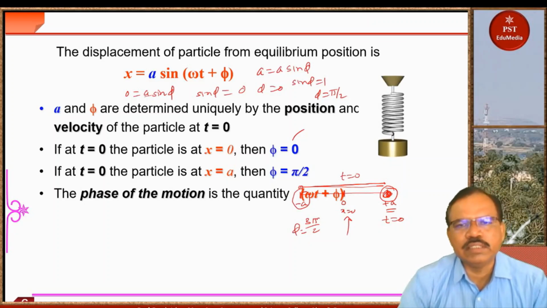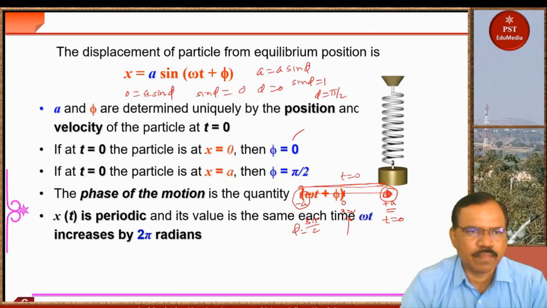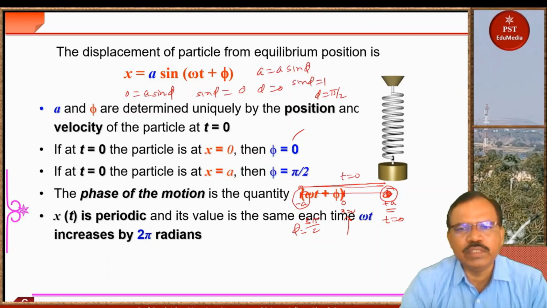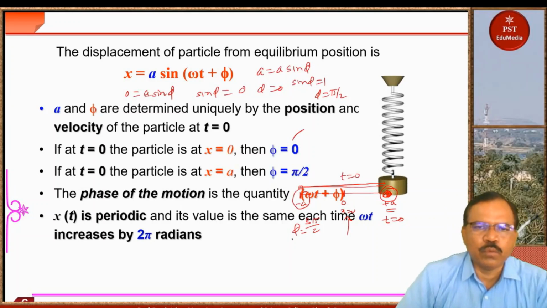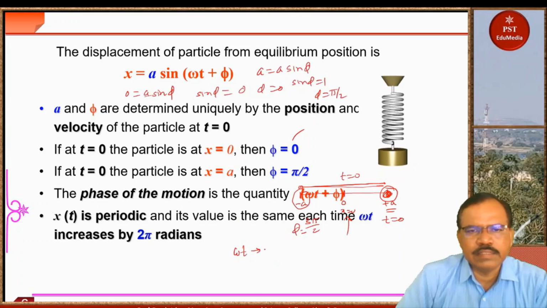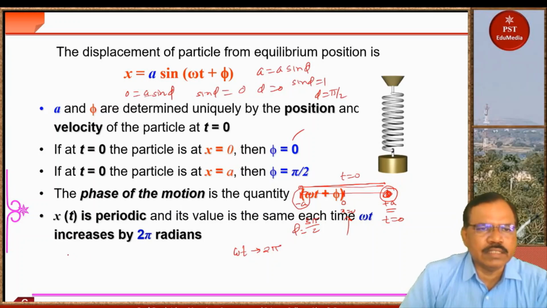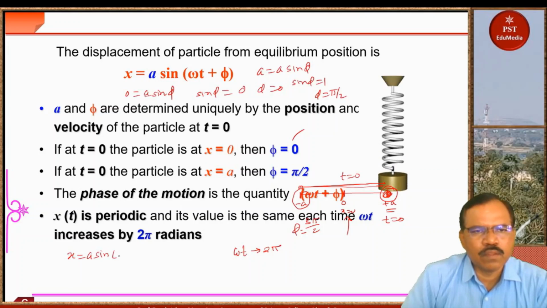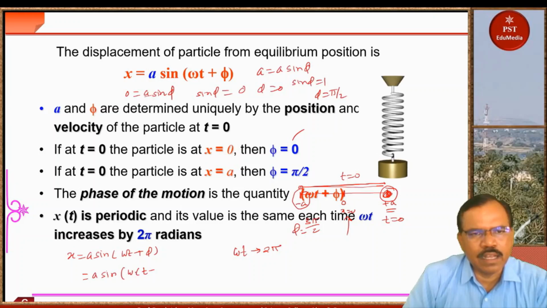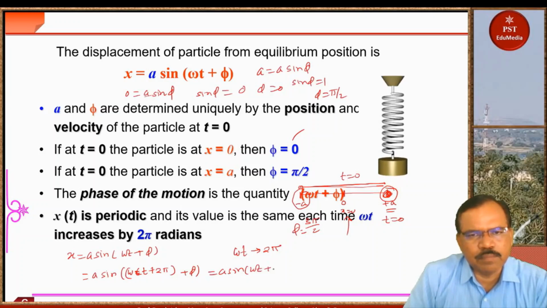So the phase of the motion is the quantity omega t plus phi, and x of t is periodic and its value is the same each time omega t increases by 2 pi. So when omega t increases by 2 pi, here x is equal to a sine omega t plus phi, and suppose the time is increased so that omega t is increased by 2 pi: a sine omega t plus 2 pi plus phi is equal to a sine omega t plus phi.